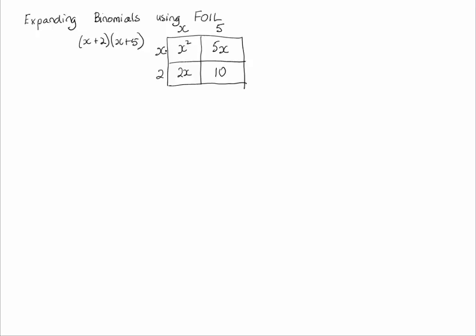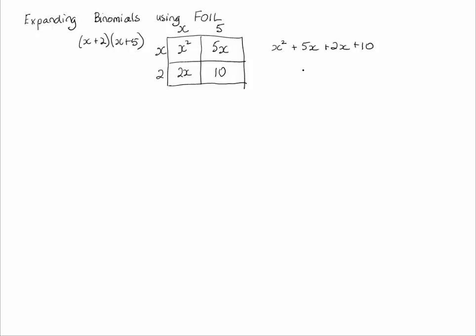Now we're going to look at finding the expansion of this expression without having to use the rectangle. When you expand binomials, you end up with 4 terms. So if we complete this exercise, you'll have x squared plus 5x plus 2x plus 10.